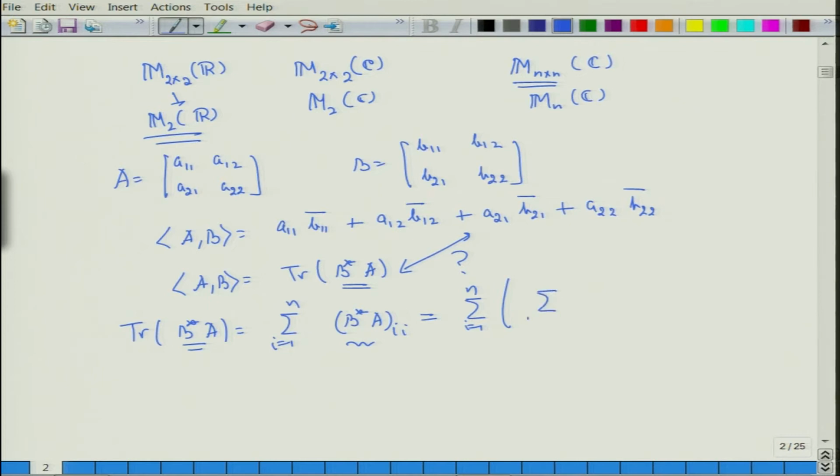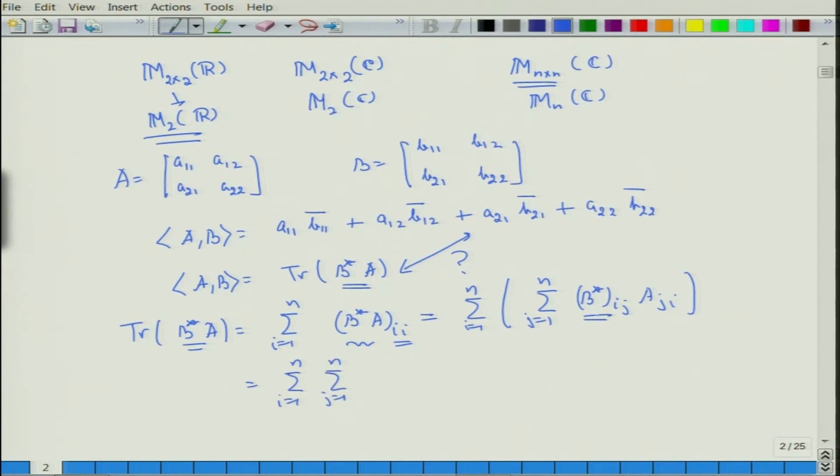This is nothing but j equal to 1 to n, because it is an n cross n matrix. And then I have to write here B star of ij and A of ji here. This is what I will have to do, which is same as i equal to 1 to n, j equal to 1 to n.